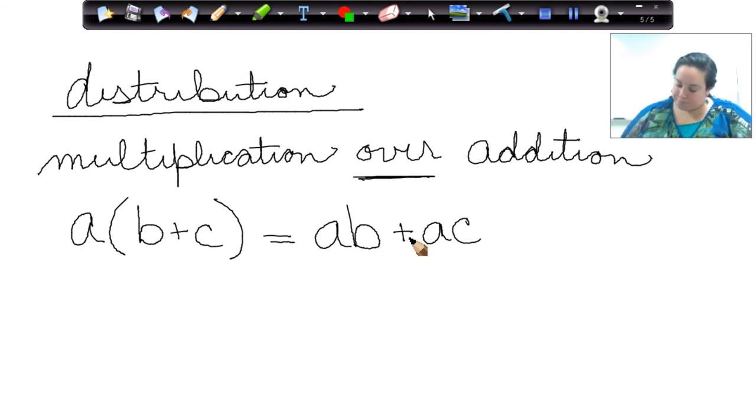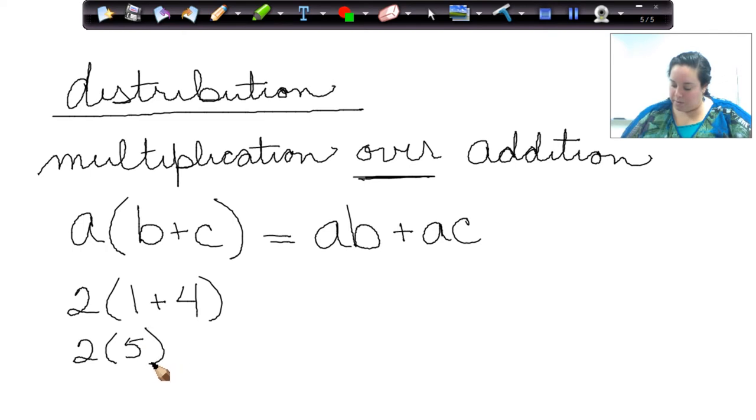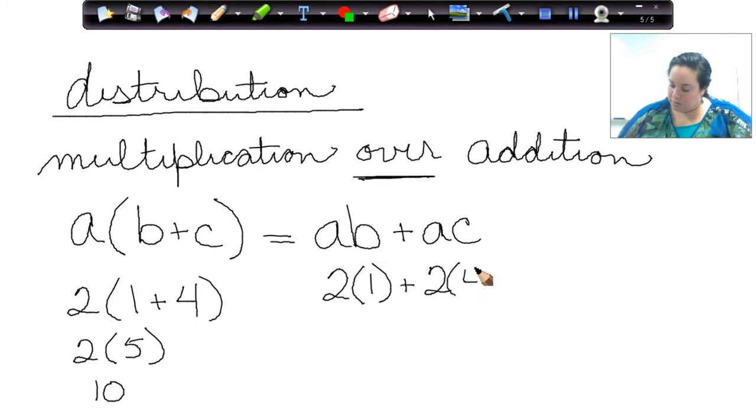And this works. Let's just do a quick example. I know you already know this. If we have 2 times 1 plus 4, this way we would do what's in the parentheses first, according to order of operations. And so we'd get 5, and then 2 times 5 is 10. If we do it this way, it would be 2 times 1, if we distribute the 2, plus 2 times 4, and that would be 2 plus 8, and 2 plus 8 is still 10.